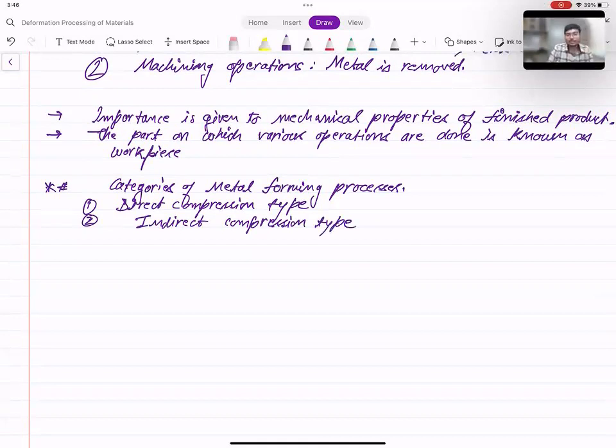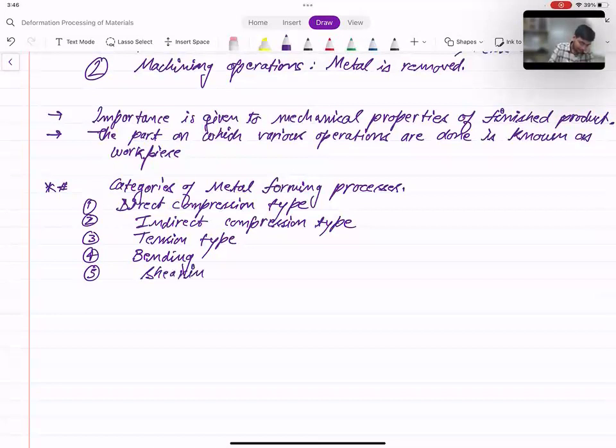And the third one is tension type. The next category is bending type or bending process. And the last category is shearing.